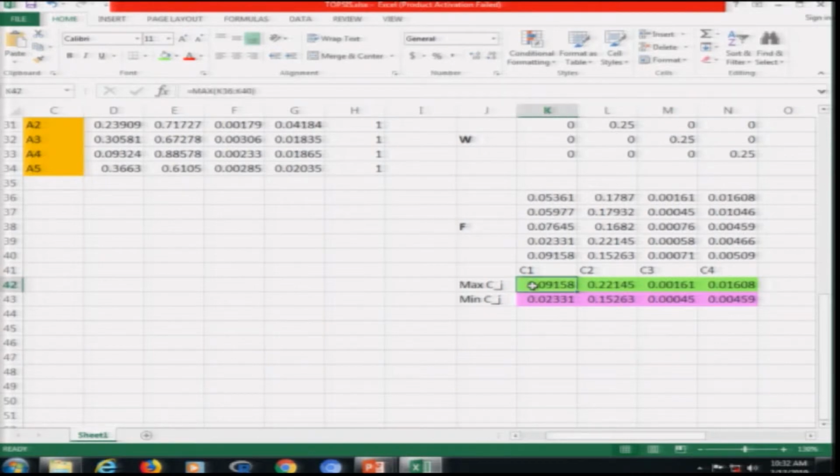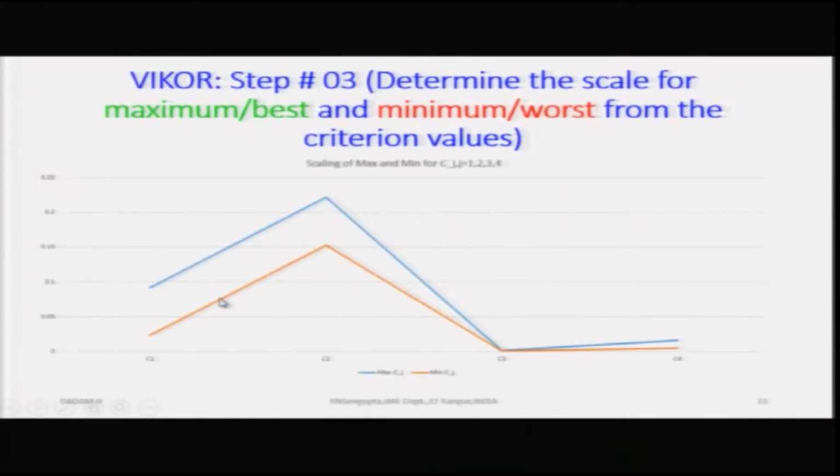So, these are the maxima and minima, and I have basically drawn them in the chart, where for each criteria, if I go along this vertical, this means the overall scaling based on which I will try to compare. Now, it also means that if I consider only the criterion C1, the maximum liking, in the positive sense, liking in the less positive sense, is given by this length.